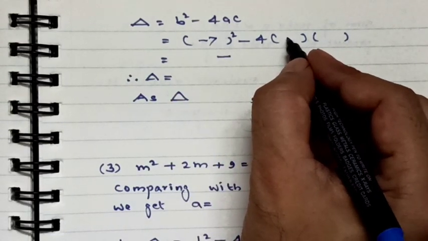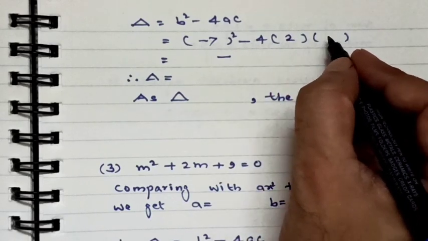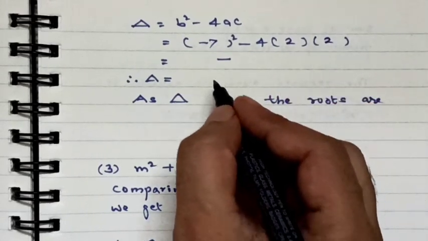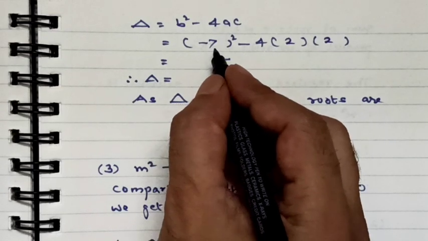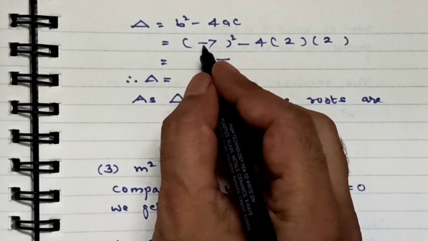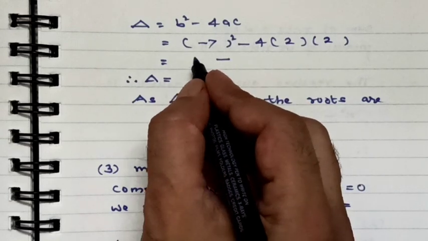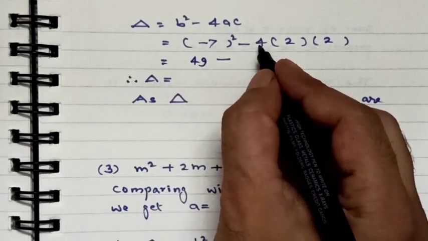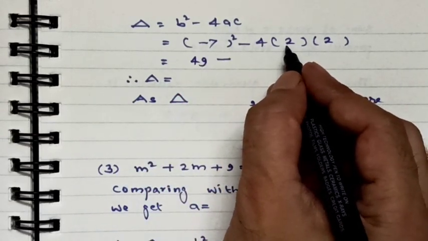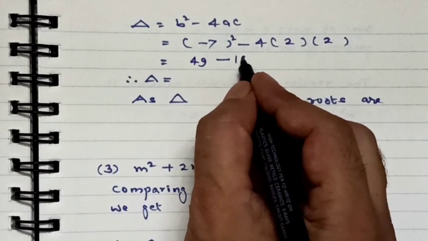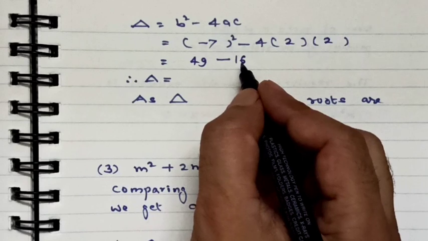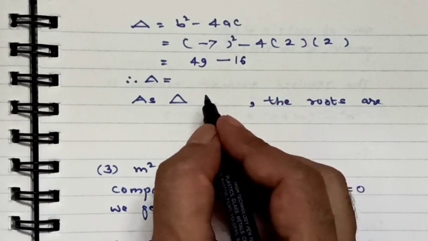A is equal to 2. And c is equal to 2. Therefore, minus 7 square is 49. So 49. 2 into 4 is 8. 8 2s are 16. So 49 minus 16, and which will give you 33.